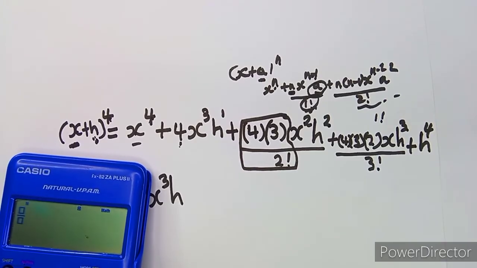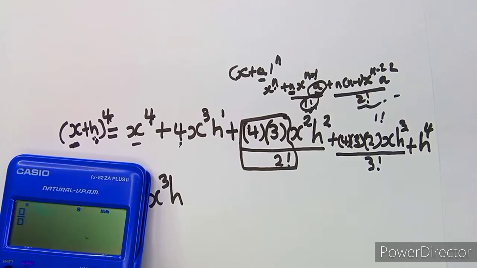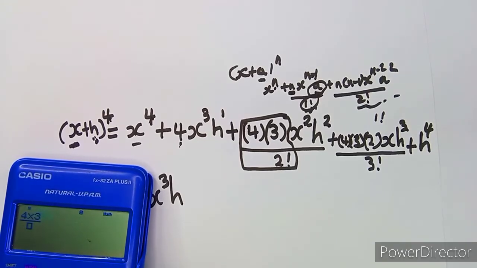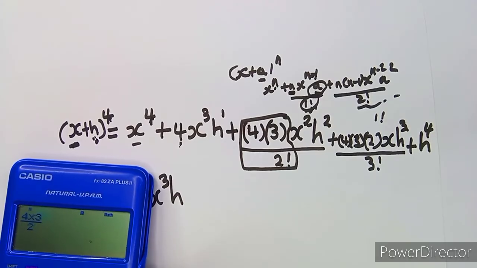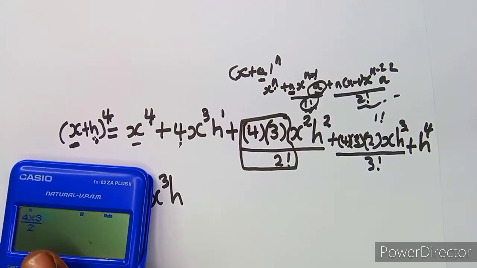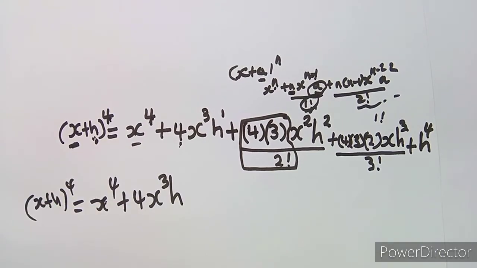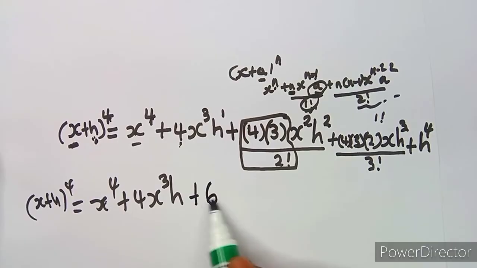You put your fraction, okay? Then 4 times 3, like this, over 2 factorial. So this is your factorial. Just shift x there, which is going to give you a 6. So as you can see, that's 6. All right, so that's how you simplify these numbers. So it's going to be plus 6.